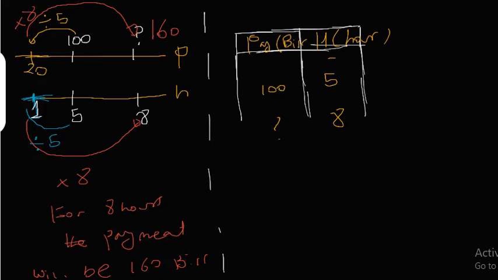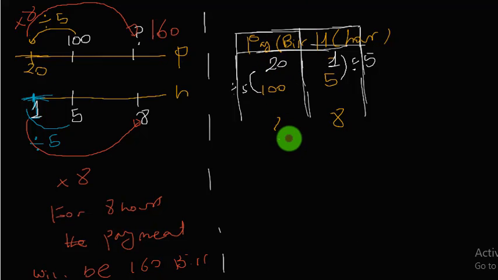Let's do the same scenario, the same change. Or you can also do the unit rate, when I mean divide it. Divide this by 5, so you have here 1, and then do the same thing, divide by 5, so you have here 20.